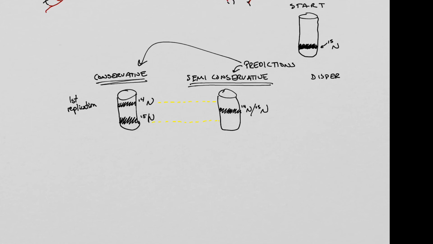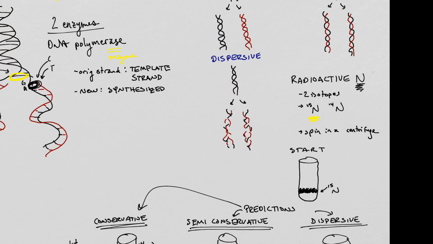What should our dispersive model have looked like? If the dispersive model was right, what Meselson and Stahl would see, let's scroll back up here, is a really similar model to the semi-conservative replication, since each DNA strand is about half new, half old.